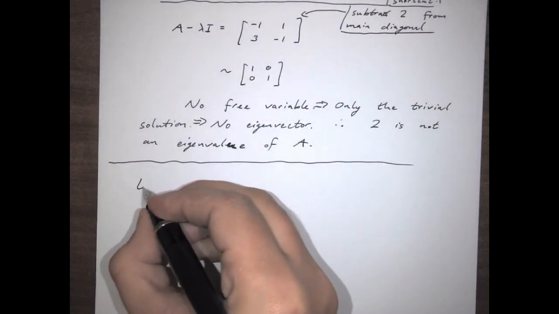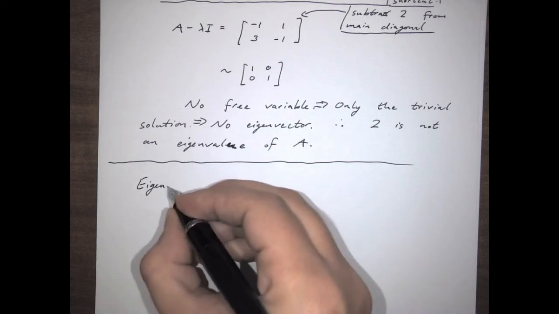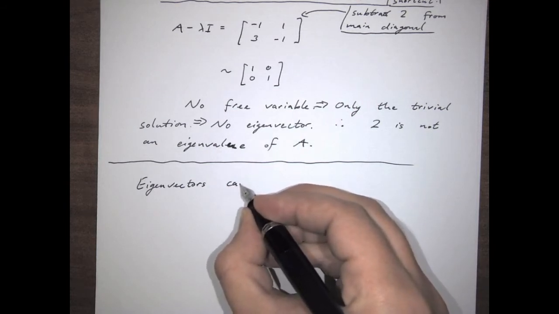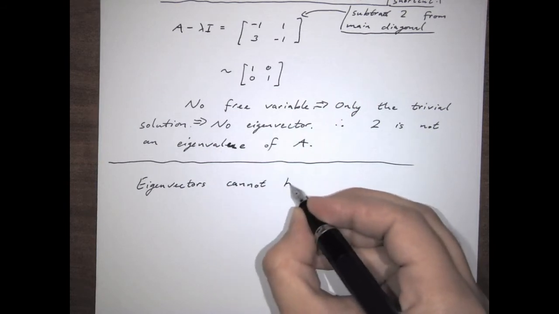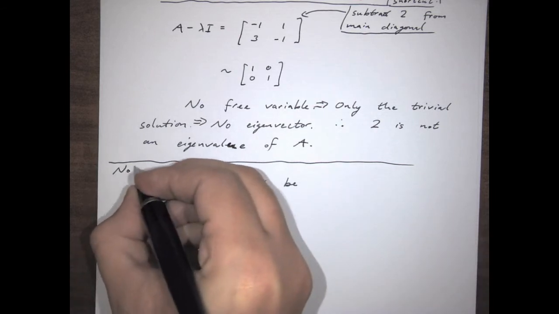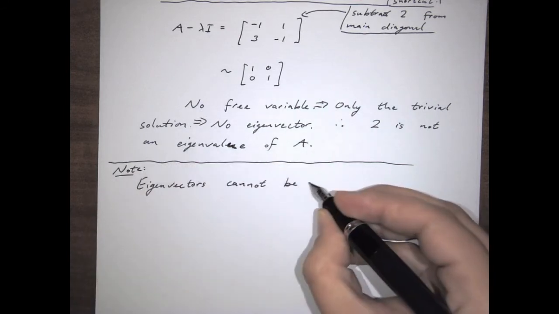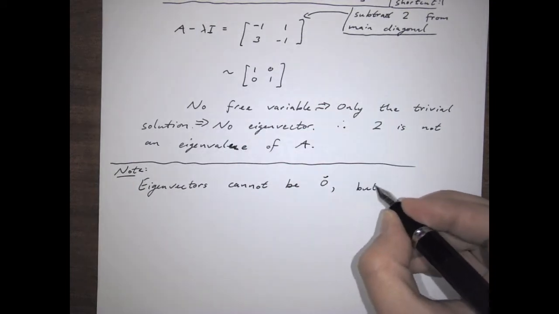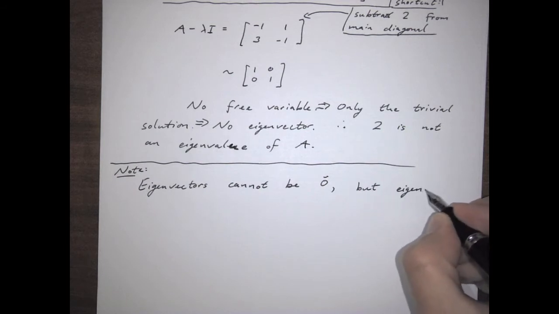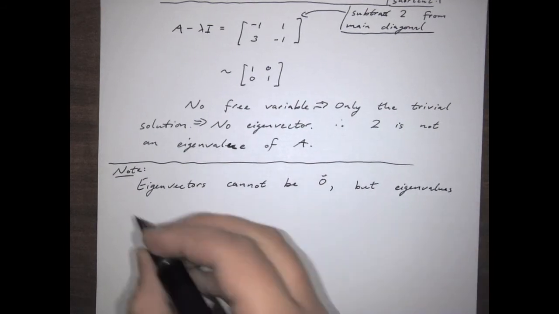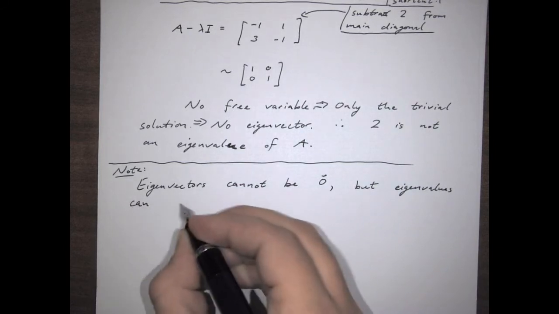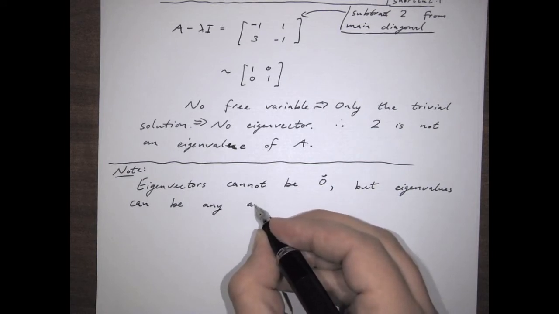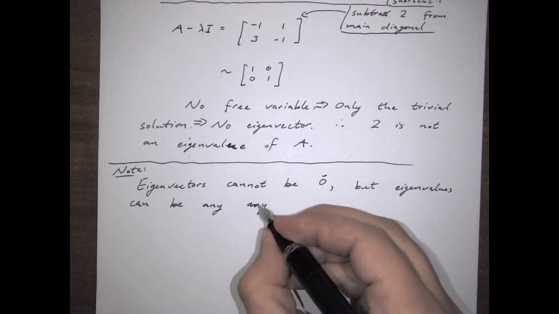So a note, let's say: eigenvectors cannot be a 0 vector, but eigenvalues can be any kind of real number.